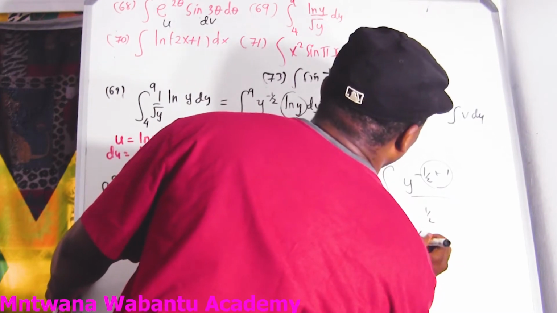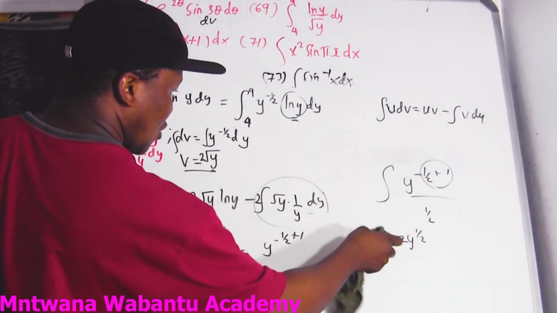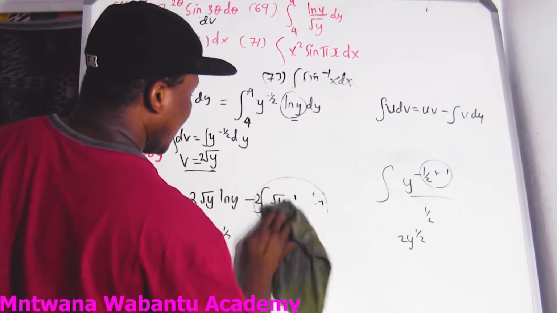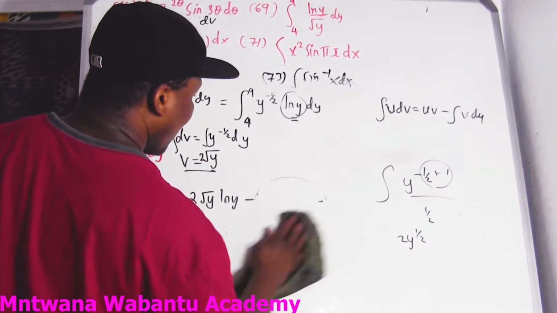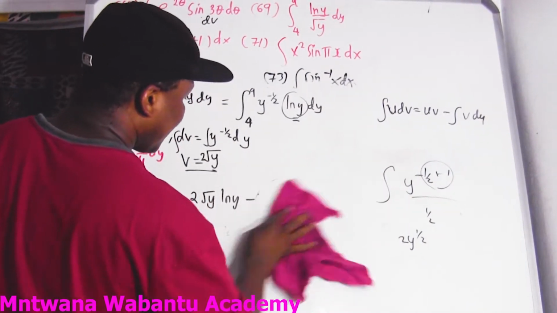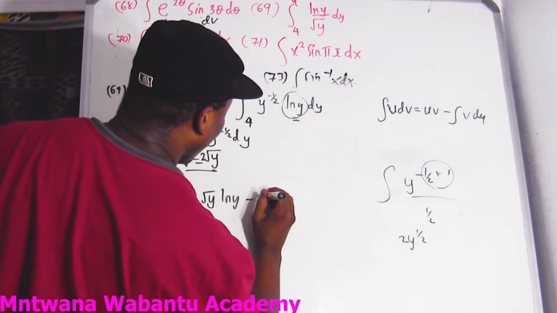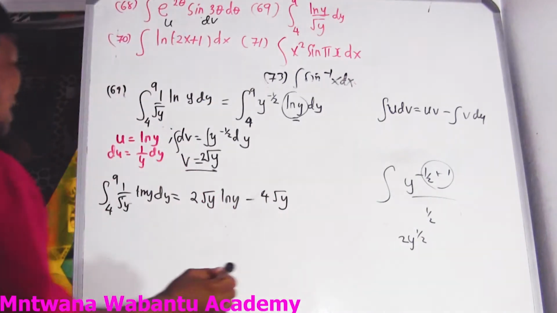So we get y to the a half over a half, which is 2 y to the a half. This 2 gives us 4 because there's a 2 here, so it's going to be 4 square root of y.